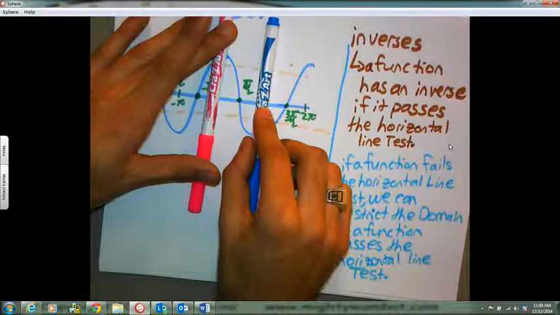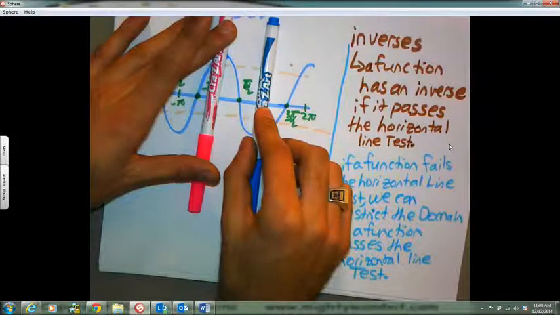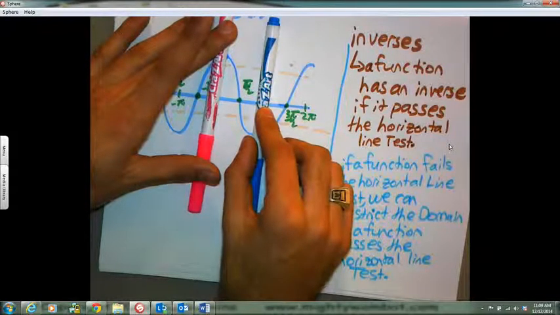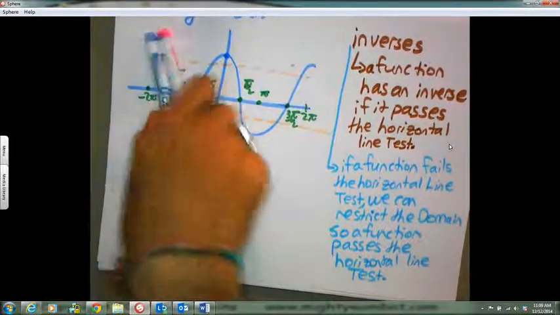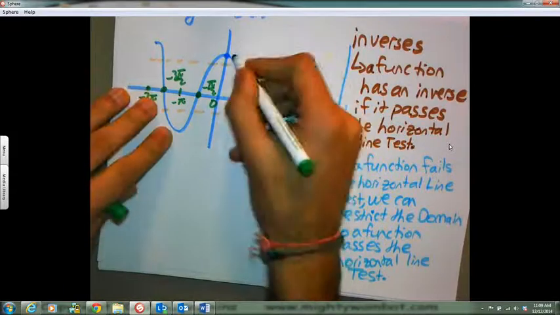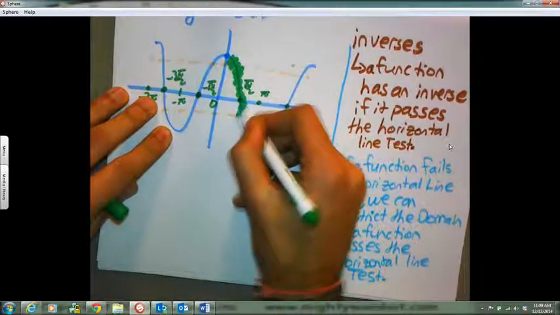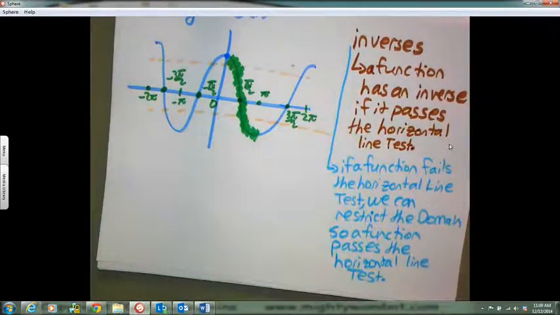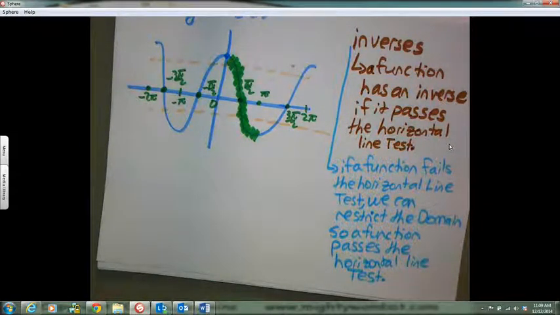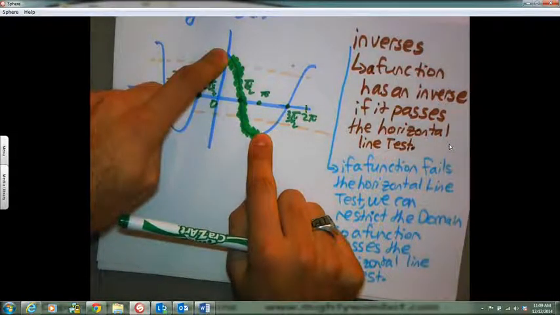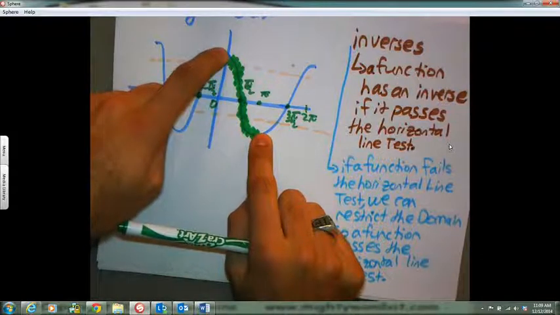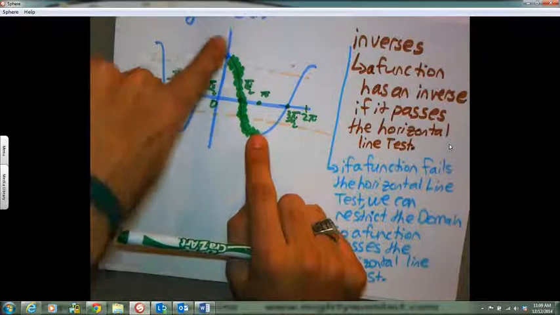Because from 0 to pi, what happens? I don't fail the horizontal line test, and I get every possible y value, all the way from -1 to +1. In other words, in this little shaded area here, I pass the horizontal line test, and every possible y value occurs. I have everything from -1 to +1. So the domain restriction for cosine is from 0 to pi.